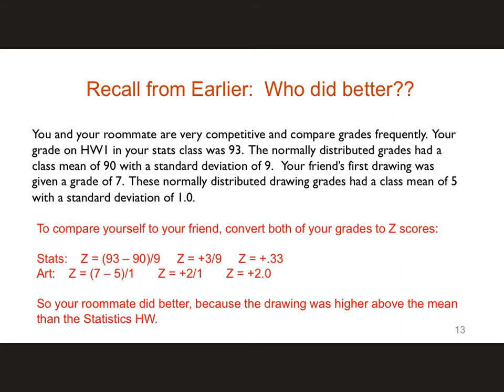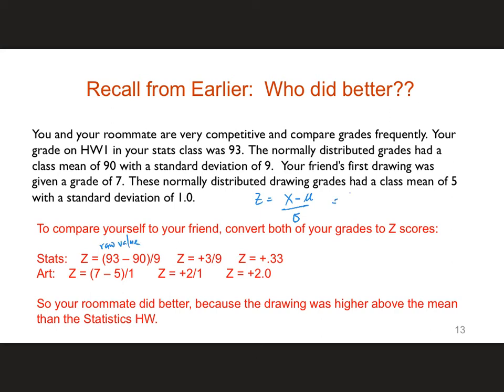Alright, back to our example. In order for us to determine who did better, as I said earlier, we need to calculate the z-scores because the means and standard deviations are different from both classes. So in this case, using our formula, we said the z-score value is given as x minus mu divided by the standard deviation. So x represents the raw value. So the first one, the raw value is 93.